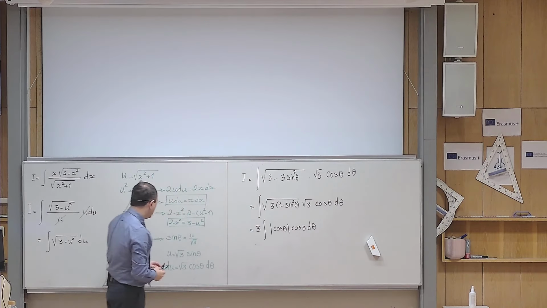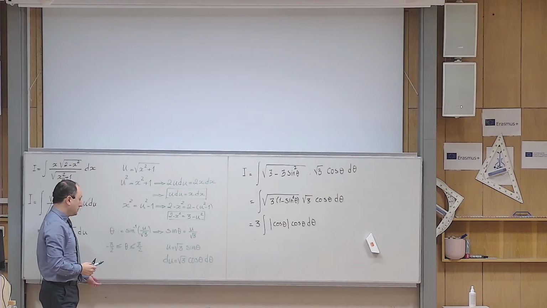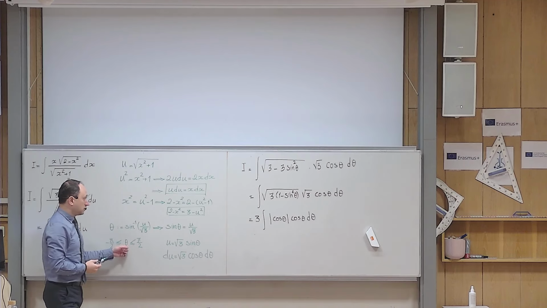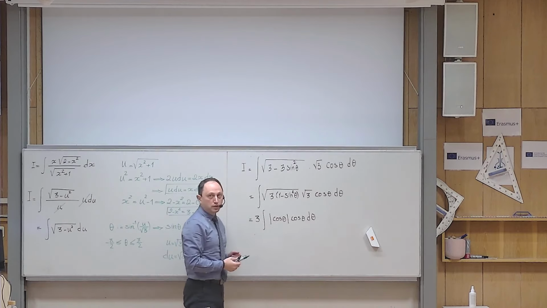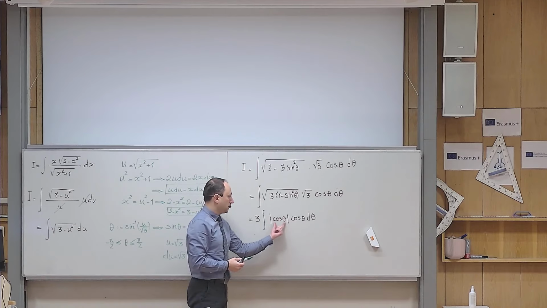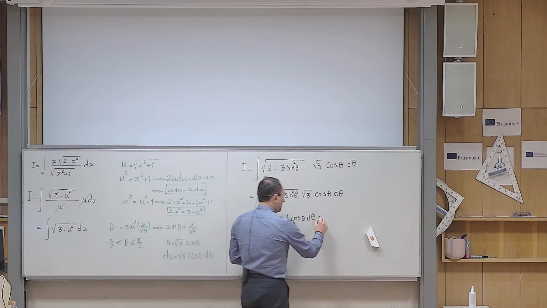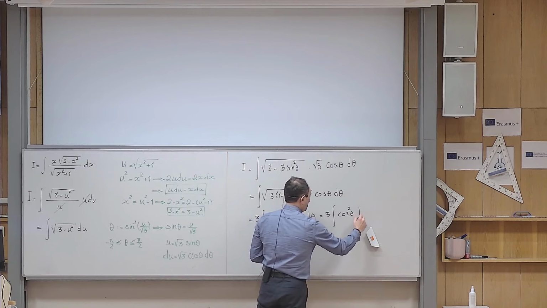This is where I need the range of theta: because theta is in the fourth or first quadrant, cosine theta is not negative. So I don't need the absolute value sign, I can remove it, and with the 3 it becomes 3 times the integral of cosine squared theta d theta.